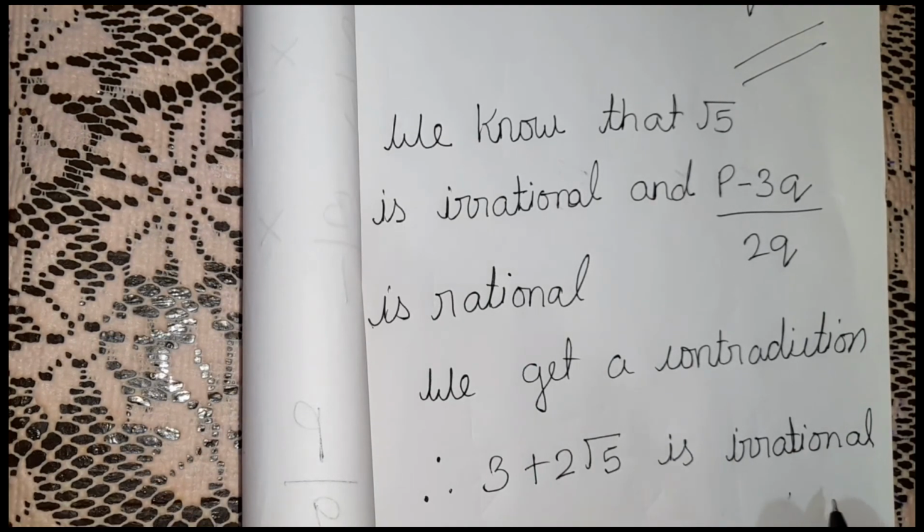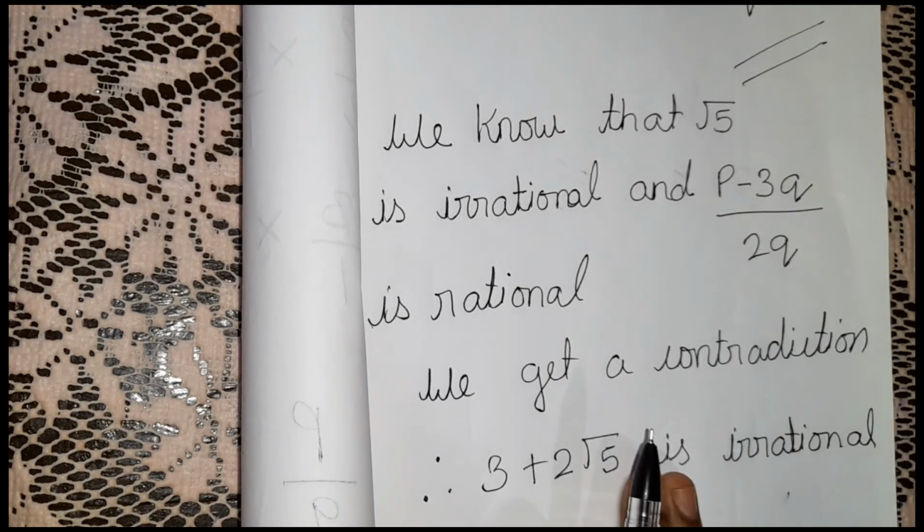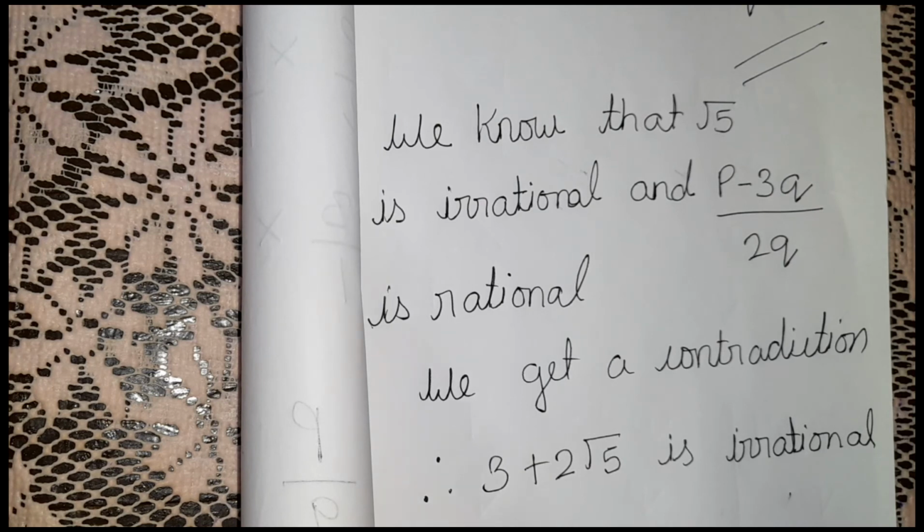Okay, so this is the main process and main concept in this question. You should understand. If you want, you can surf the internet about contradiction, because contradiction has various meanings. In maths, for example, instead of taking irrational we took rational. So that is a false one, that is a wrong one.